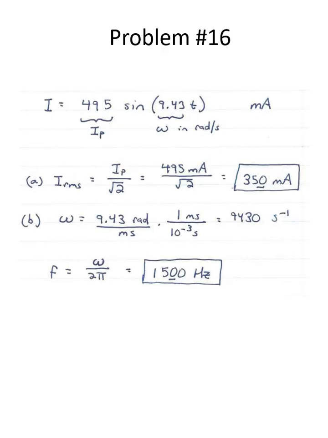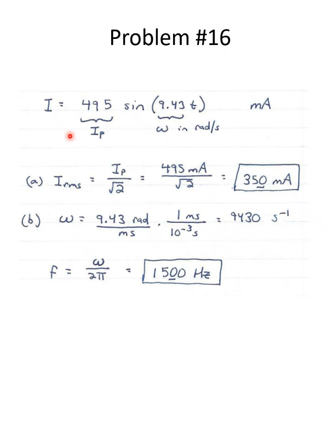Number 16. An AC current is given by I equals 495 sine 9.43 t with current in milliamperes and time in milliseconds. Find the RMS current and the frequency in hertz.